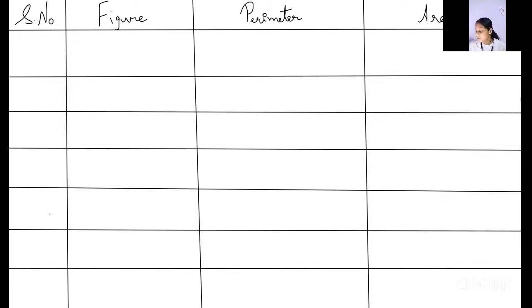Okay. Now let's start with the first one. This is square. Our figure is square. Can anyone tell me what is the formula for perimeter of a square?